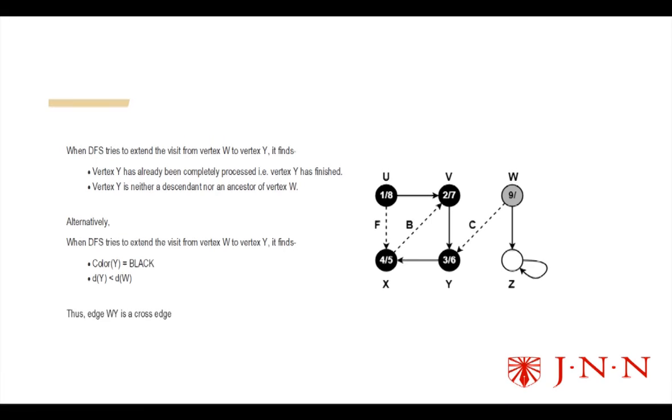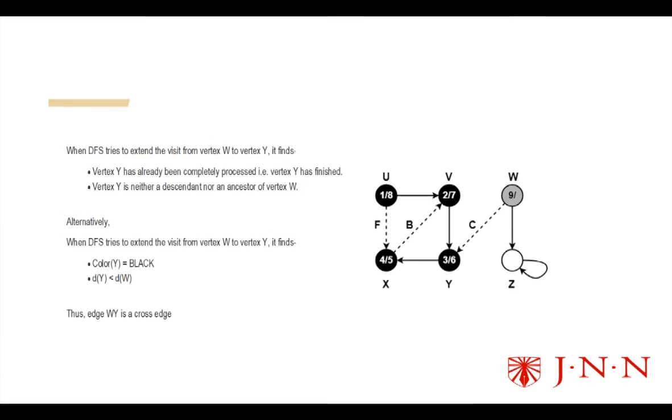Vertex y is neither a descendant nor an ancestor of vertex w, but when DFS tries to extend the visit from vertex w to vertex y, it finds that the color is already black, and the destination of y weight is less than the destination weight of the w vertex.